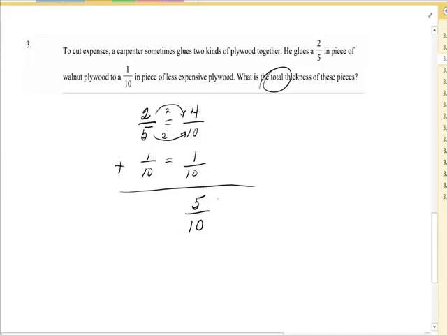Now I have not had to reduce or simplify lately, but 5/10 can be reduced. I can divide the top by 5 and the bottom by 5, and I will get 1/2. So the total thickness that this carpenter has is 1/2 inch when he glues the 2 pieces together.